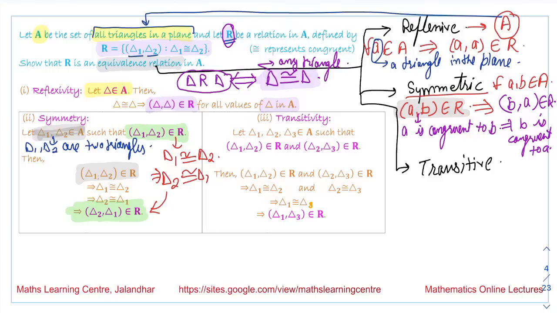Next definition we have is transitive. For transitive, we have chosen the elements A, B, C from the set A. That is, we have chosen three triangles now.